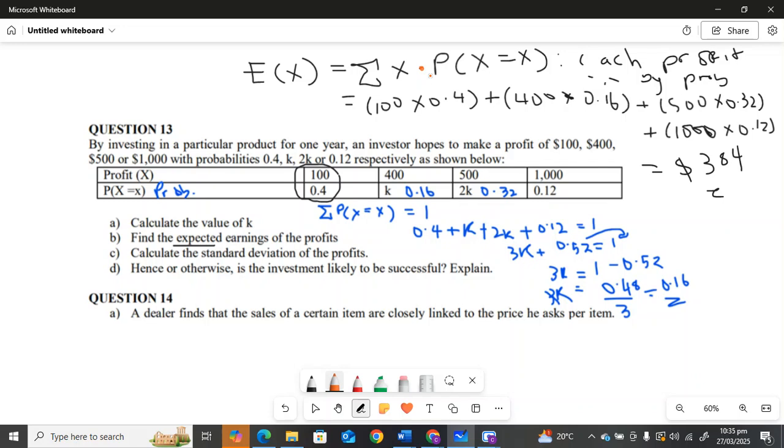Calculate the standard deviation of the profits. Just get a screenshot, okay?